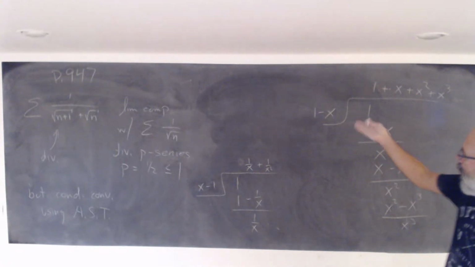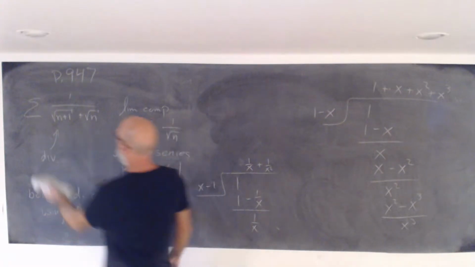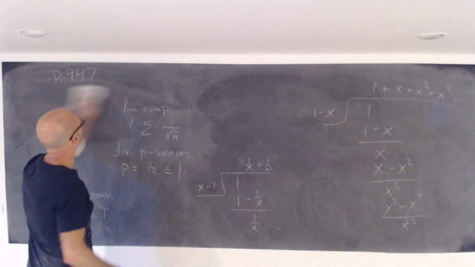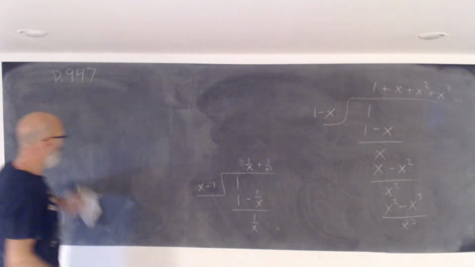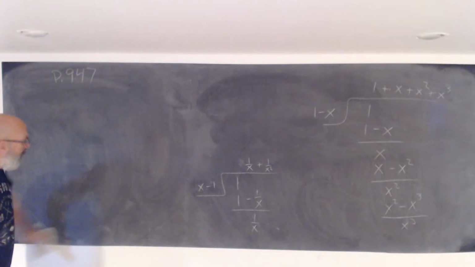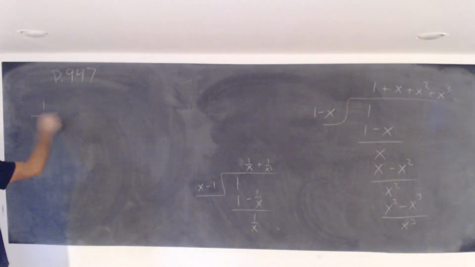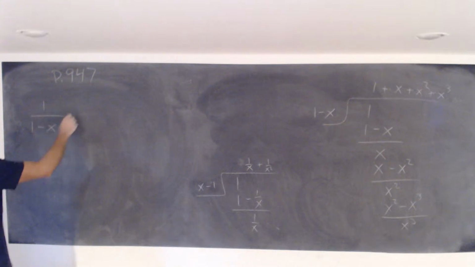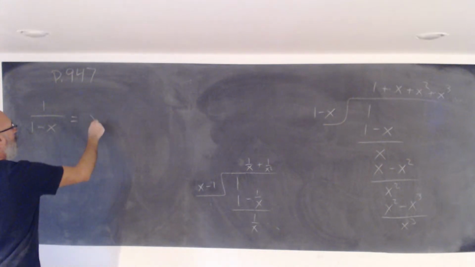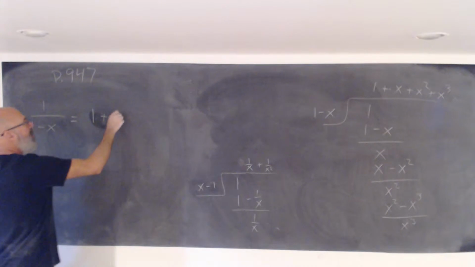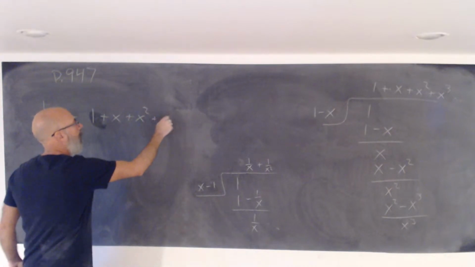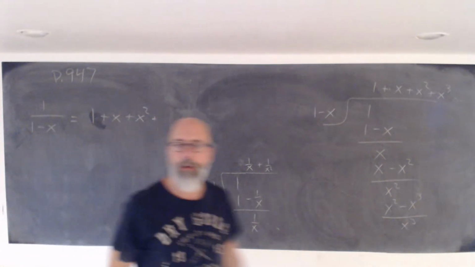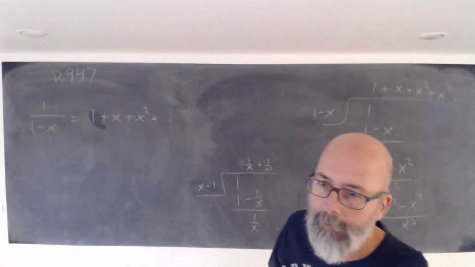And so you see, here you get a nice result, the nice geometric series result. Is that where you were going with that? 1 minus 1 over x is really 1 plus x squared, and so on, using long division. No, not that. All right, very well.